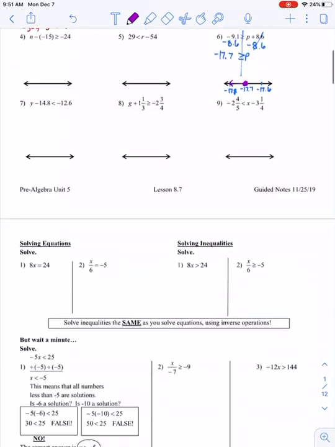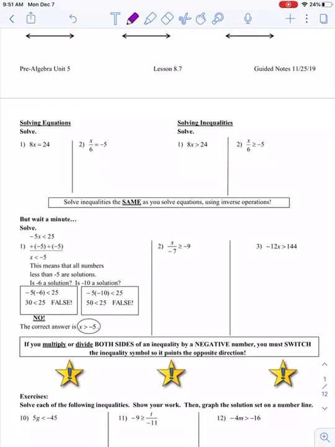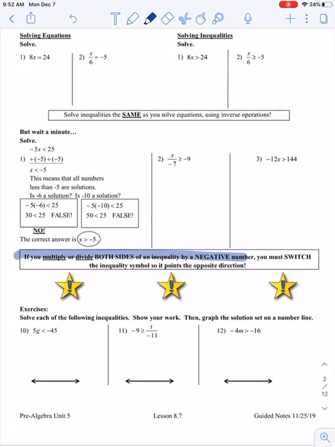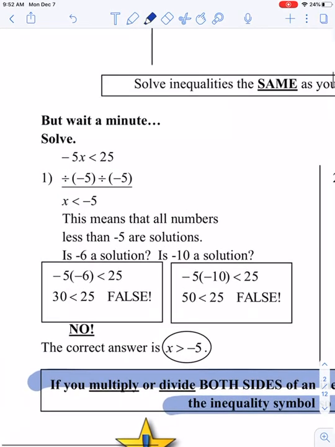All right, if you turn the page, for multiplication and division, most of them are the same, unless you come to a negative inverse. If you're going to multiply by a negative or divide by a negative, you must switch your symbol. Okay, and here's an example why. If we divide by negative 5 on both sides and keep the symbol the same way, it's saying that x is less than negative 5.